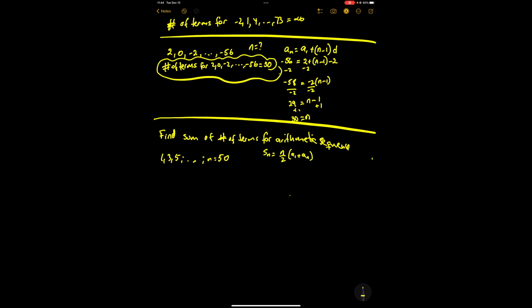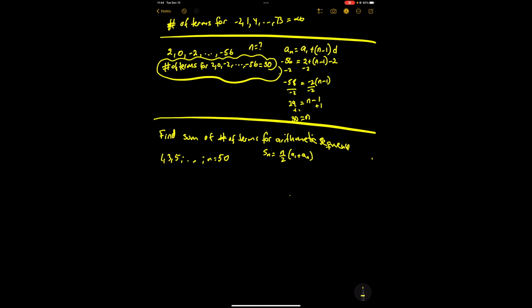That's the sum for the arithmetic sequence. When it comes to the arithmetic series, you will also see this. So what would that be? What is n? n is 50, right? Yes, so n is 50.